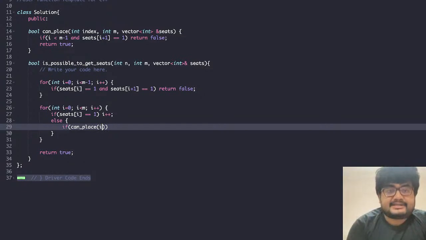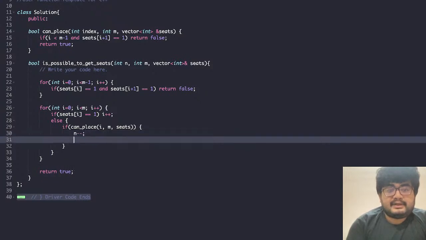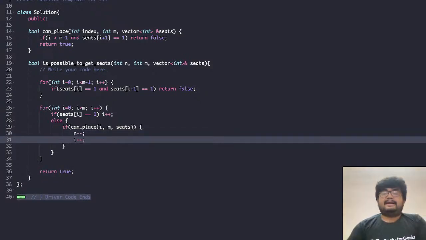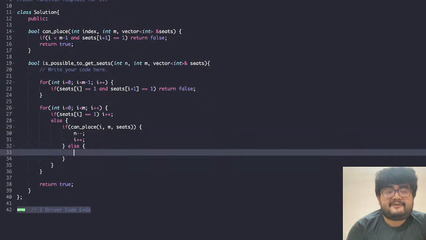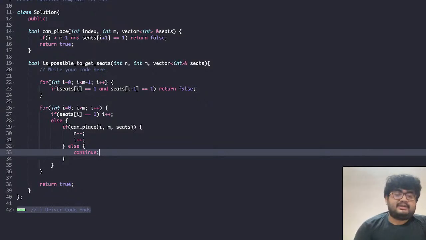So if canPlace with index i, m and seats. If we can place, then we'll do n minus minus, and also i plus plus, because we'll directly go by two places, right? Else, if we cannot place, then we'll just continue and will not do i plus plus, because the next seat is probably booked, so we just want to go there and then go by two places from there, right?